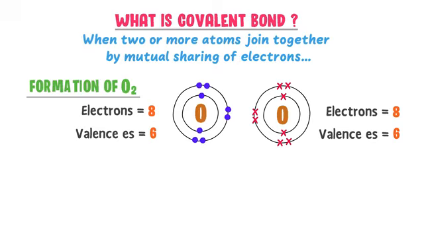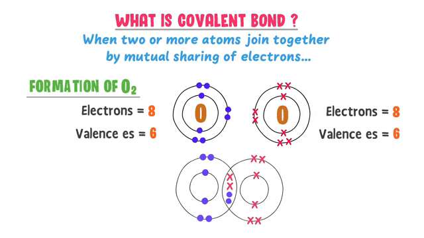It means that if this oxygen atom gains 2 electrons, it will get stability because its octet rule will be fulfilled. Similarly, if this oxygen atom gains 2 electrons, it will also get stability. Now to stabilize themselves, these 2 oxygen atoms come together and mutually share 2 electrons.